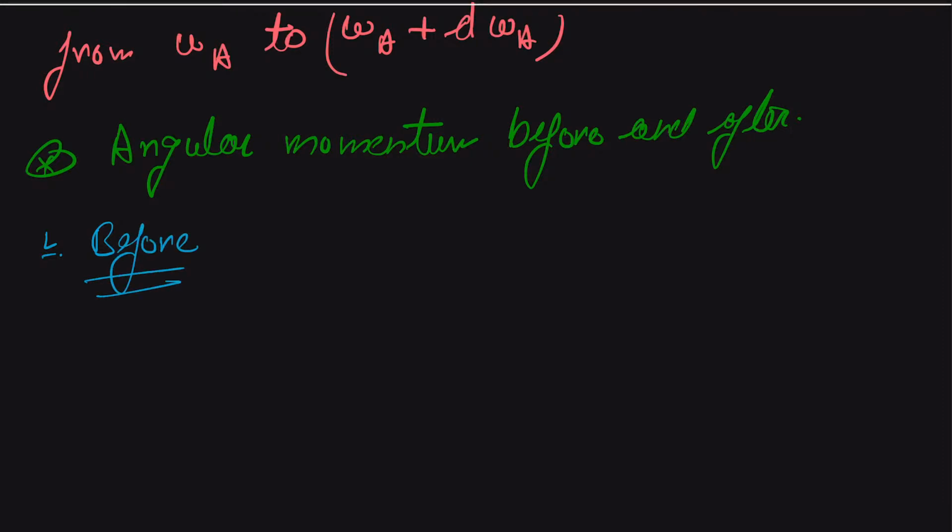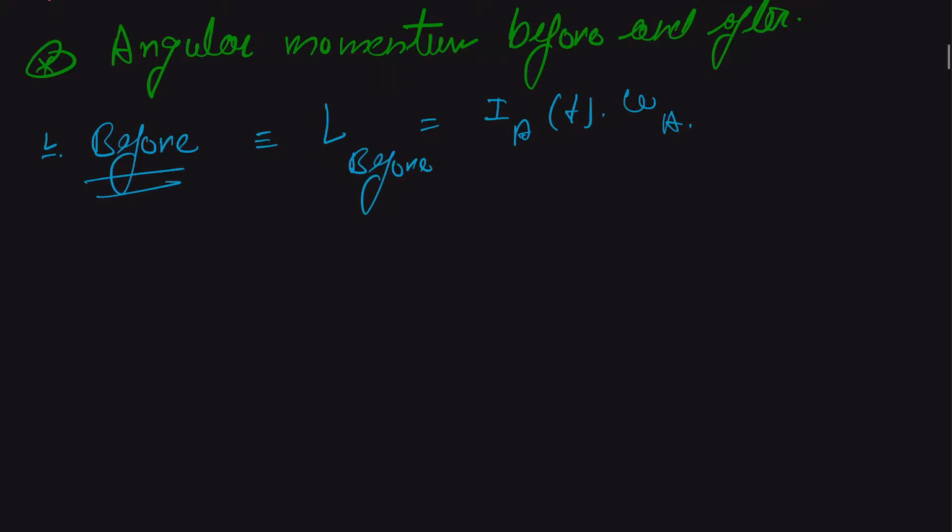Let us call this L before, which will be equal to IA of t multiplied by omega A. Later on we can substitute omega A as omega naught, whatever the initial angular velocity was.